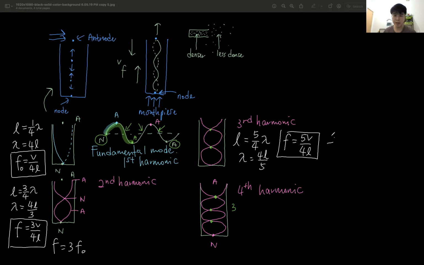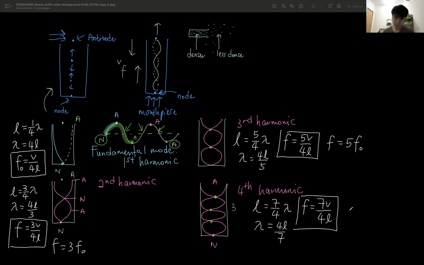I can also write it as 5 times the fundamental. We'll just do a quick one for the last one. It's 7/4, so the frequency can be written as 7f0.